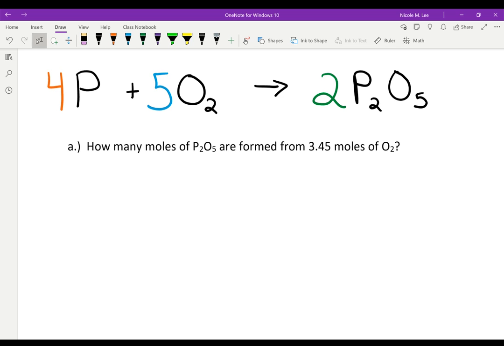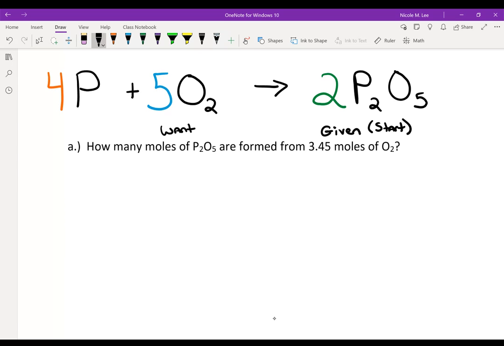So again, my given information, they gave me 3.45 moles of O2. So this is where I start. And what do I want to solve for? Well, I want moles of P2O5.